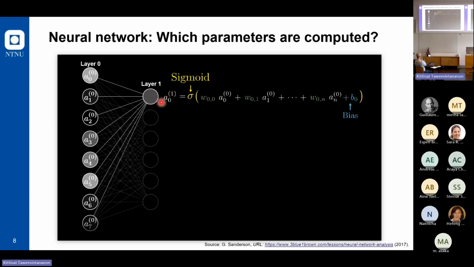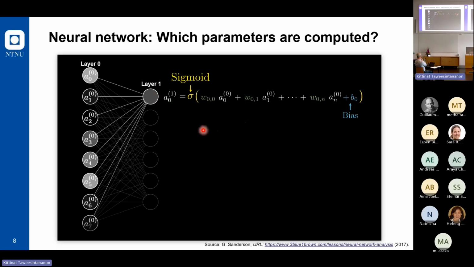For example, this one is the amplitude of the layer 1 element here. It is a sigmoid function, which tries to normalize the amplitude to be between 1 and 0, something like that. And then you have weight. Weight is kind of how much you need this information to transfer to the next layer.